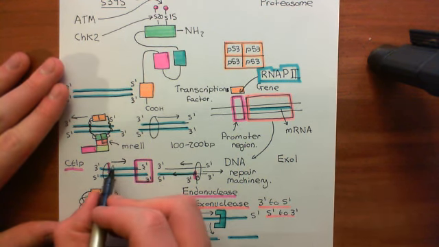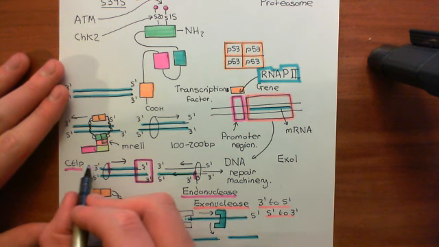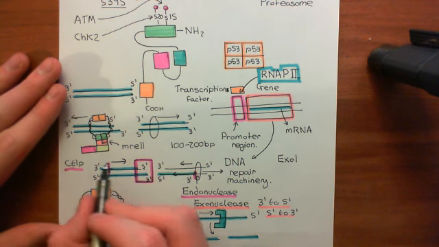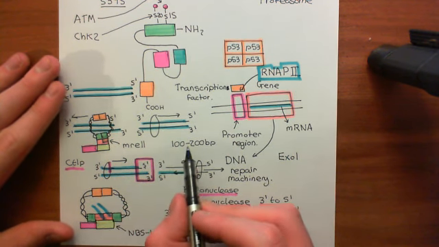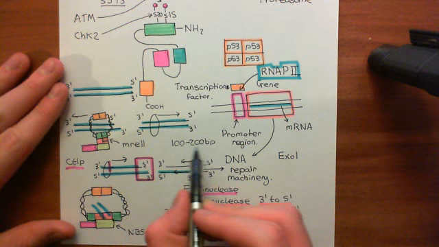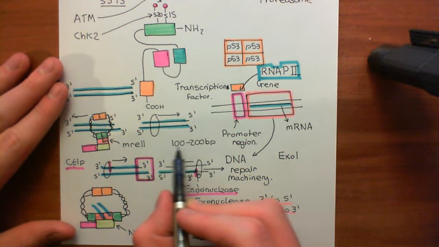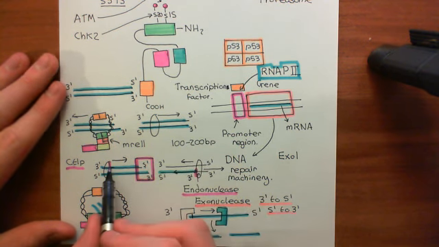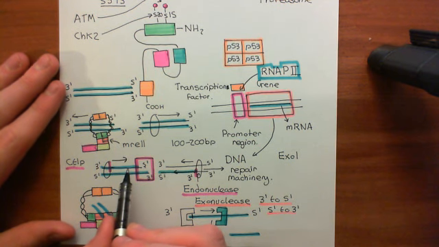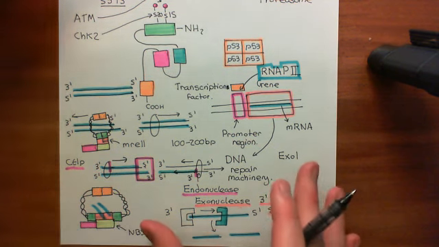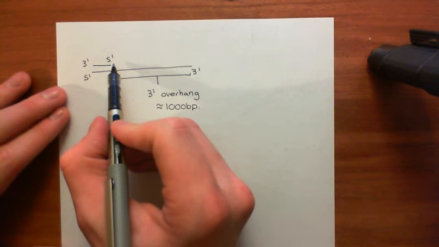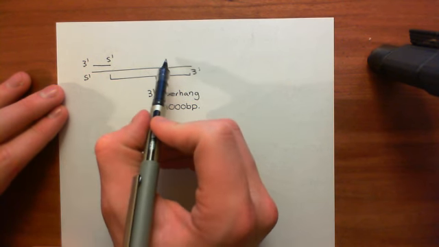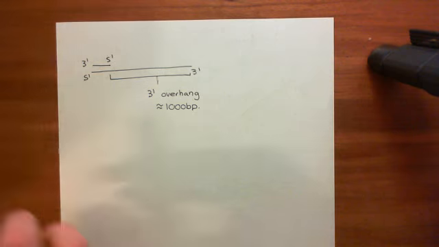So these other 5' to 3' exonucleases will work the other way to increase the size of the trim, because remember, I told you that the MRN complexes only move up around 100 to 200 base pairs. So they're only going to trim off around 100 to 200 base pairs. So how do we create an overhang of around 1,000 base pairs in size? Well, it's because the other 5' to 3' exonucleases have trimmed off this other portion here.